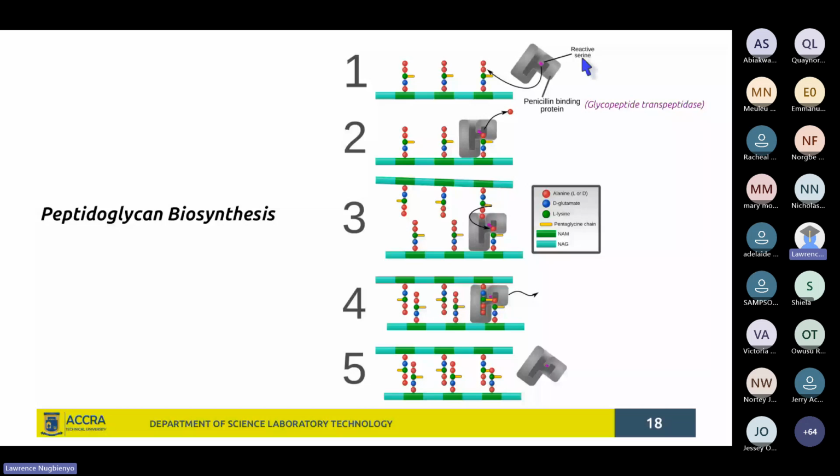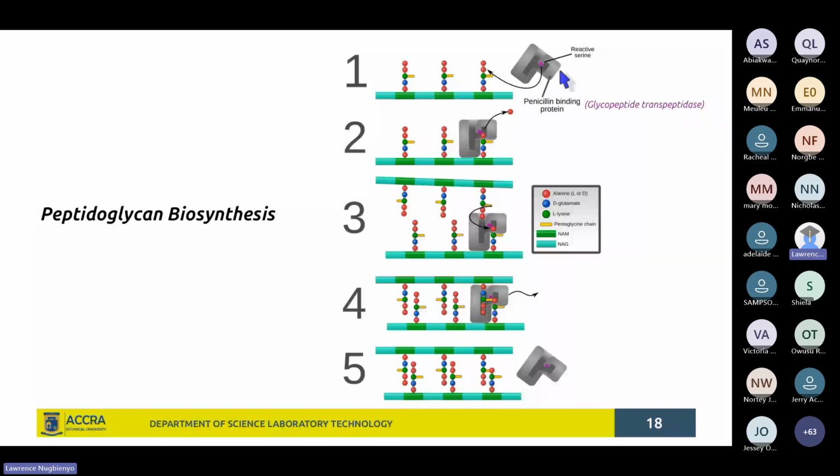So there's a proton transfer from serine onto, say, an imidazole ring, which activates the enzyme. That mechanism, you can go back to it and look at it. So here too, the glycopeptide transpeptidase, or the penicillin binding protein, is a serine protease.